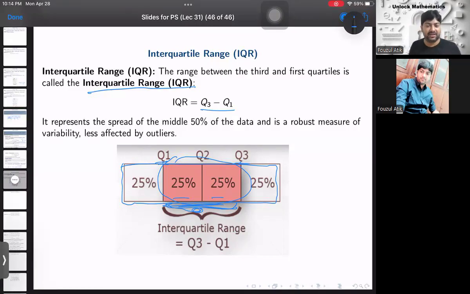And the good part is, suppose in your data you have an outlier. What do you mean by outlier? A value which is very extreme compared to the other values. Suppose you are finding the average age. Most of the students in a class are maybe 19 to 20 years old.